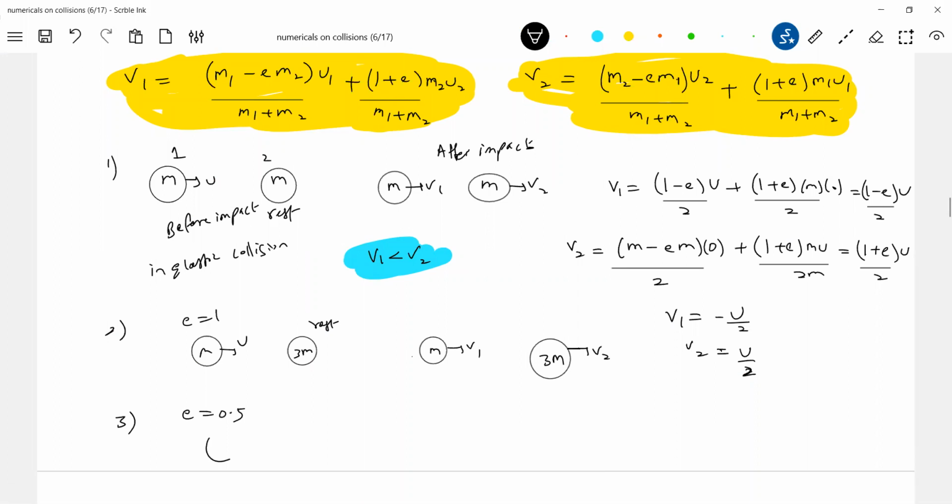e equal to 0.5. This is m. This is 2m. After collision, what will happen? v1 equal to m minus 2m and e 0.5. So this will be a test. v1 will be 0. What about v2? u2 is 0. Come for this, 1 plus 0.5.